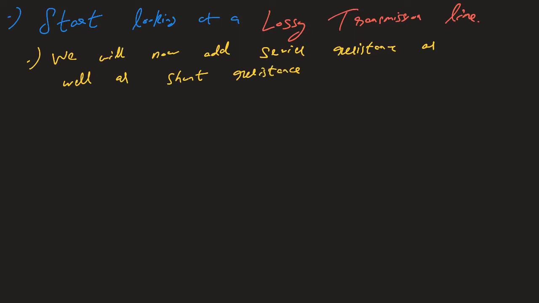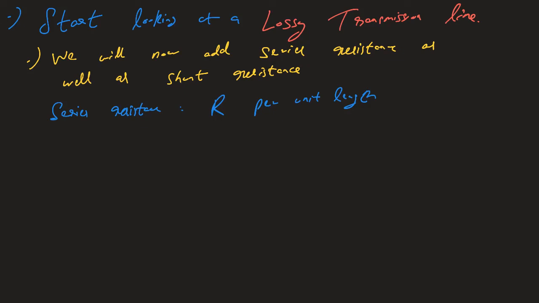What does that mean? So we will add a series resistance per unit length, a series resistance R per unit length, and we will model a shunt resistance.